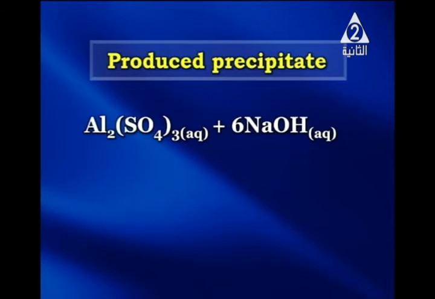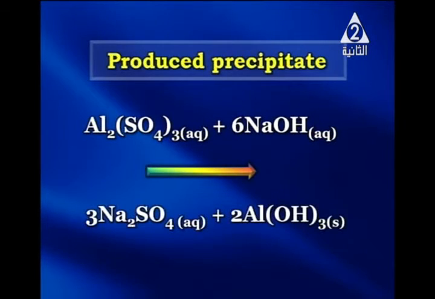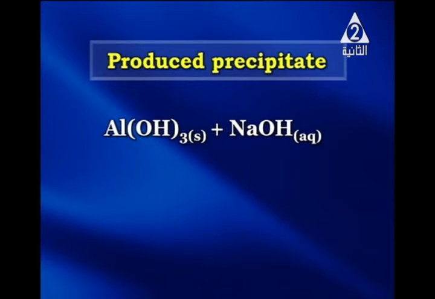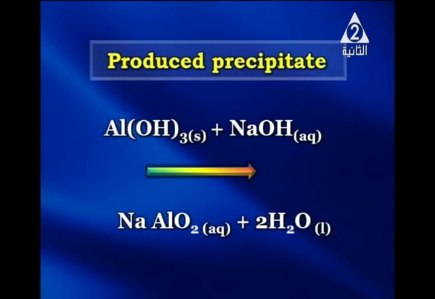So the equation proceeds: aluminum sulfate plus sodium hydroxide gives sodium sulfate and white precipitate of aluminum hydroxide. Then the aluminium hydroxide precipitate reacts with excess sodium hydroxide, forming soluble sodium metaaluminate.